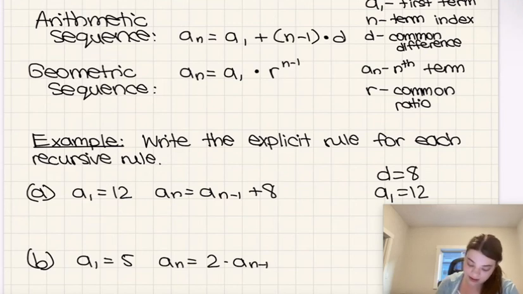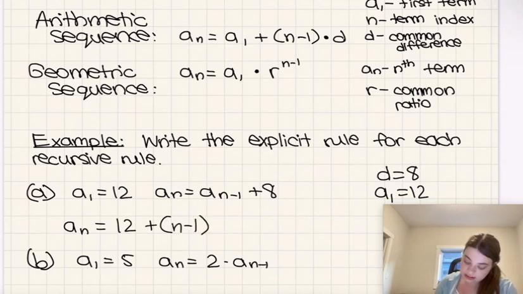All right, we can write that the explicit formula is an is equal to 12, the first term, plus n minus 1 times 8 in this case. And there we go. And now from the explicit rule, we can find any term we want.